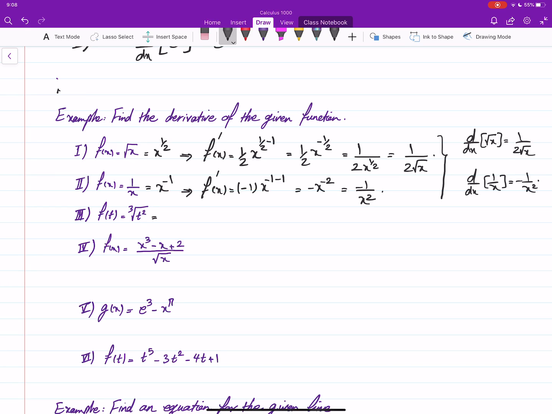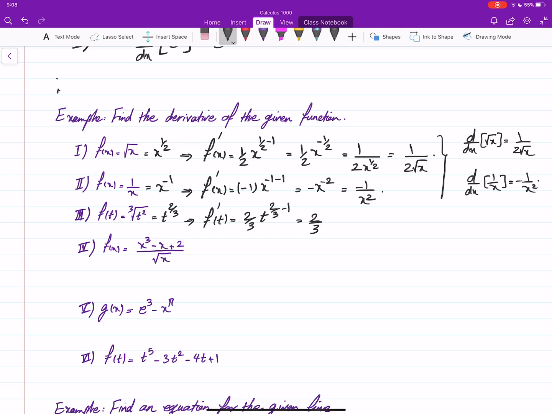How about this one? This is t, the third root of t squared. So this is t to the power 2 over 3. Again, you can use the power rule. This is n t, well, this is f prime of t to the power n minus 1.